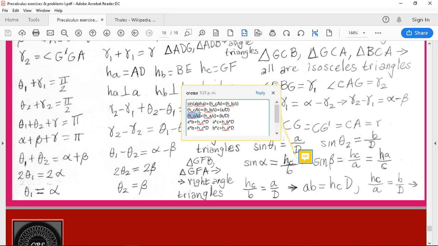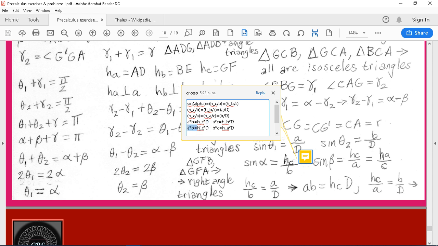Multiplying using this one and this one, we have again ab equals hc times d. And using this one, we have that bc equals ha times d. So we have sides a and b multiplying each other, and the height of the third side, which is c, times the diameter.